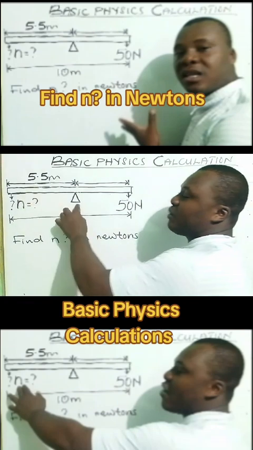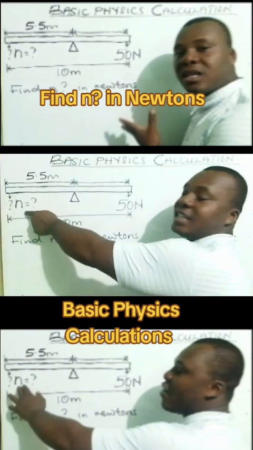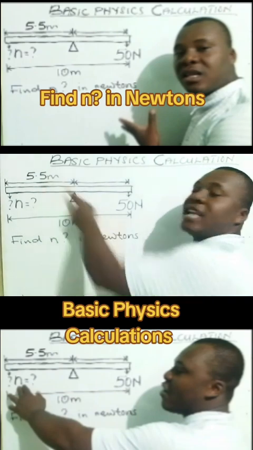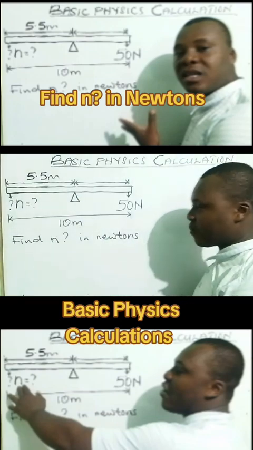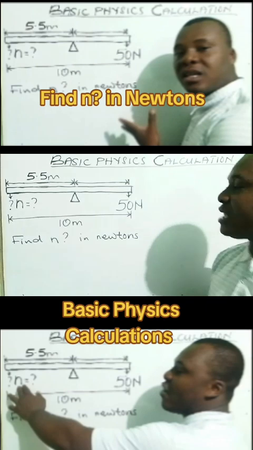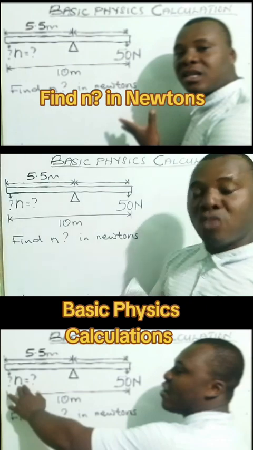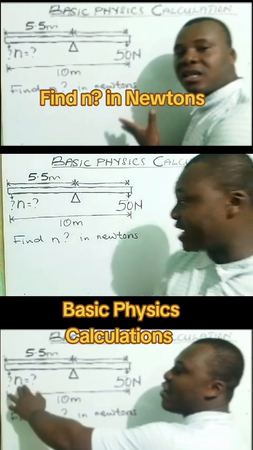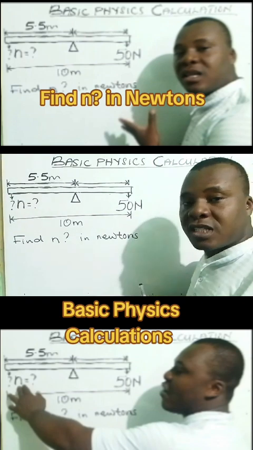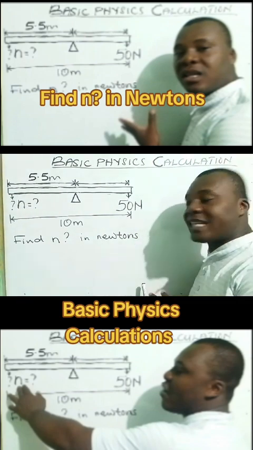So we see this pivoted point, the force here in Newton, and the distance here, we see to this side as 5.5. What we are going to do is, since force moment is the product of what? Force multiplied by distance.